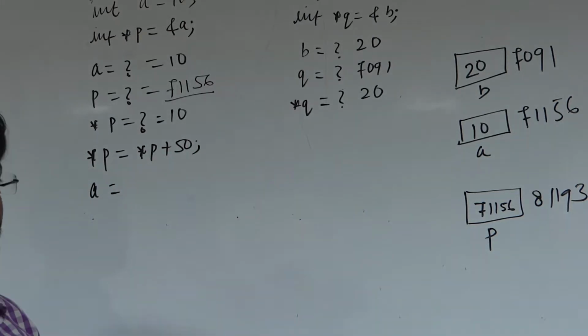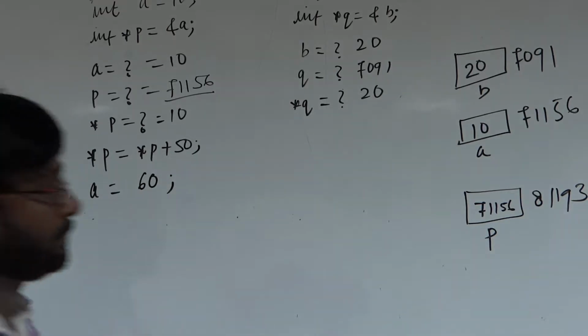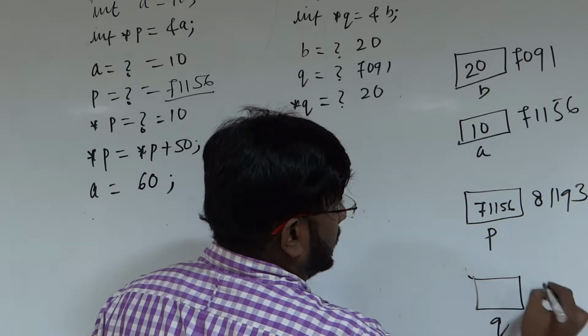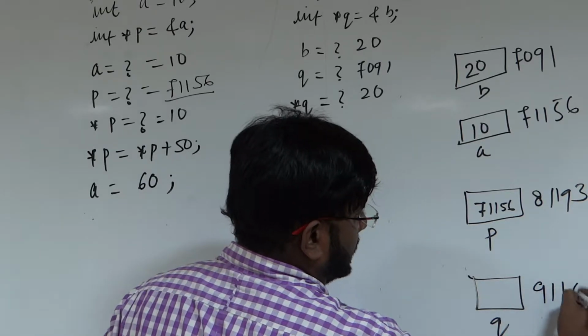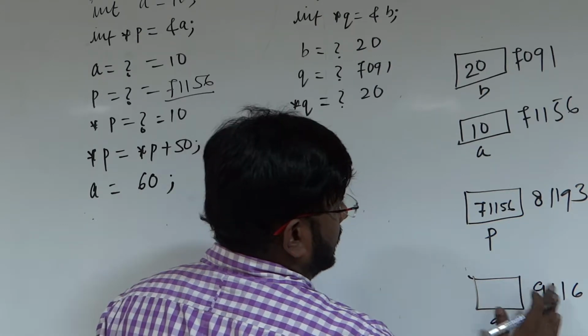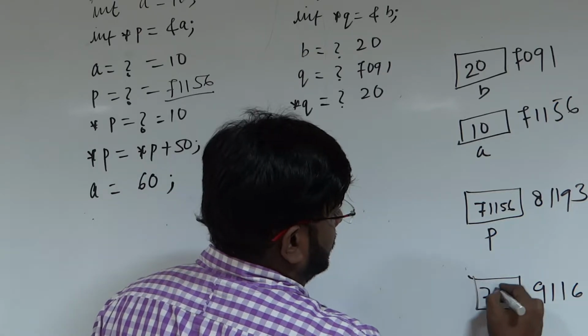So 10 plus 50, a will be 60. For your reference, this is q. Suppose this is 91167, any random number, and q is having the address of b, that is 709.